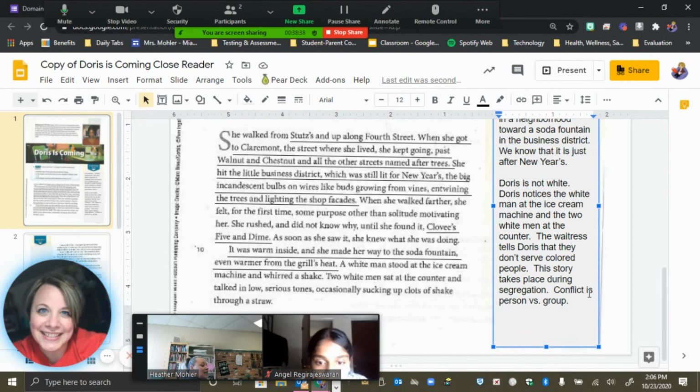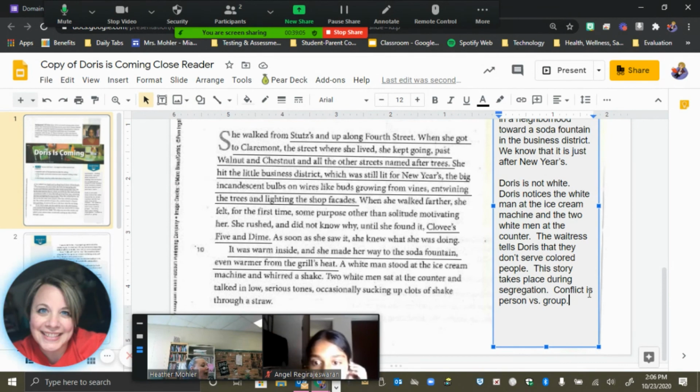She walks in and she's told she's not going to be served. And we know that she knew what was going on. She says, as soon as she saw it, she knew what she was doing. Okay? This is one very, very brave little girl to do this at a time when it was allowed.